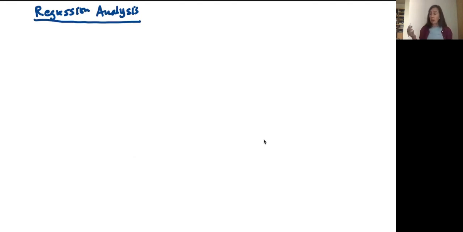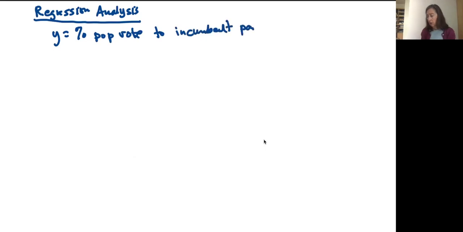All right, so let's come up with a not super interesting, but manageable example where our dependent variable might be some measure of presidential election outcomes. So we might have the percent of the popular vote to the incumbent party in a presidential election.